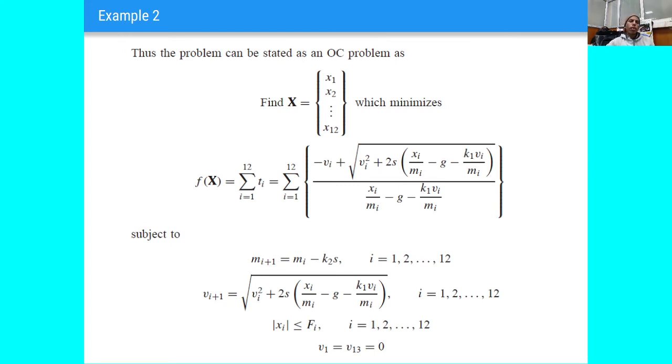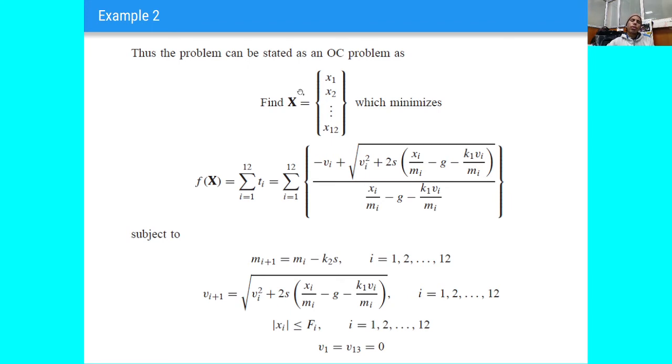Now we are able to calculate the values of ti, vi, ai for each stage. So we can formulate this problem. What was our objective function?